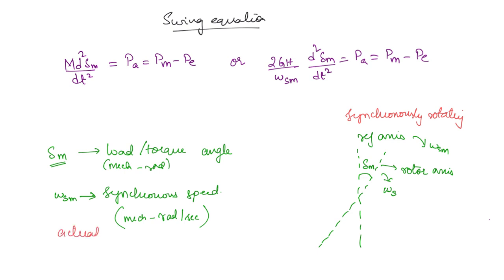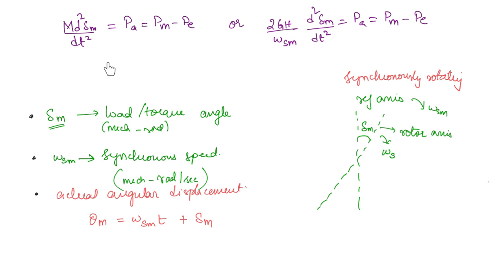This is with respect to some stationary reference axis, which we represent as θm. It is related to the load angle as ωsm into t, the speed into time giving the angular displacement, plus the already existing displacement δm. So here we have δm, this is ωsm, and here we have θm, which is the actual angular displacement.